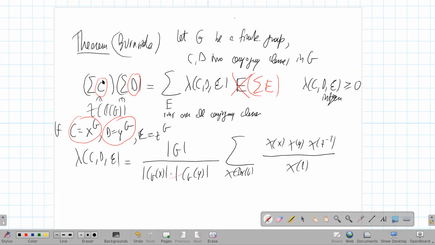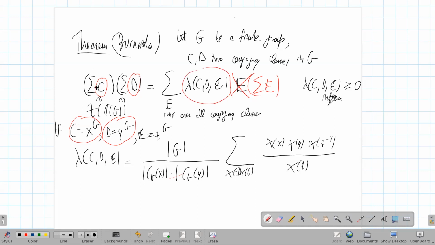And how do you keep track of how many times the class appears? If you do it at the level of sets, you have no choice, because in a set an element either is there or is not there. There is no multiplicity. Whereas if we work in the center of the group algebra, then we can really detect the multiplicities.